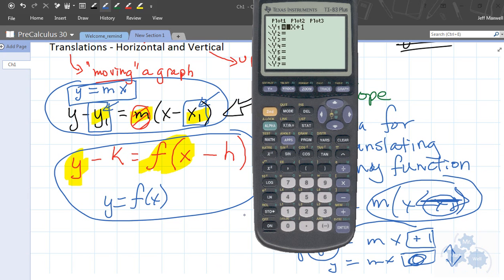So if we go back to here, I'm going to insert a bracket, and let's say -1 with the bracket. Let's see what happens here.